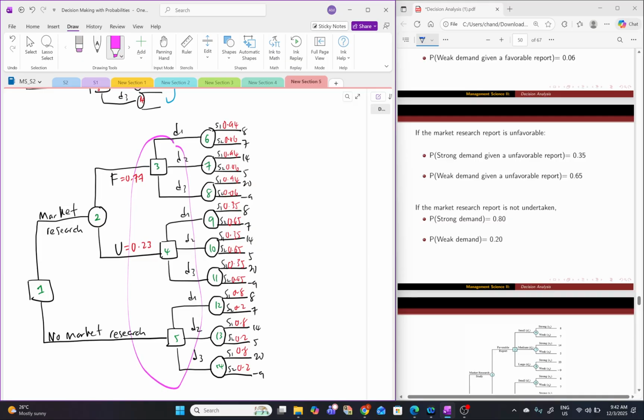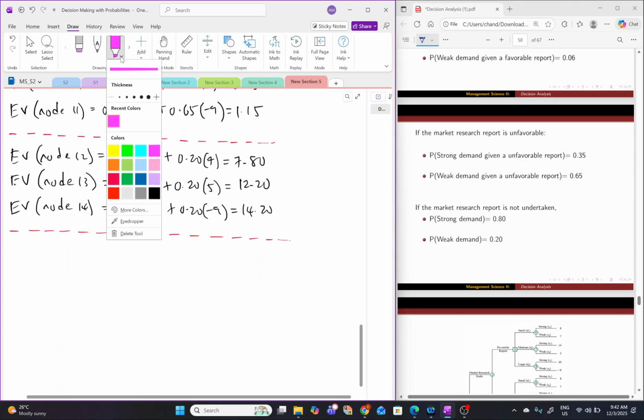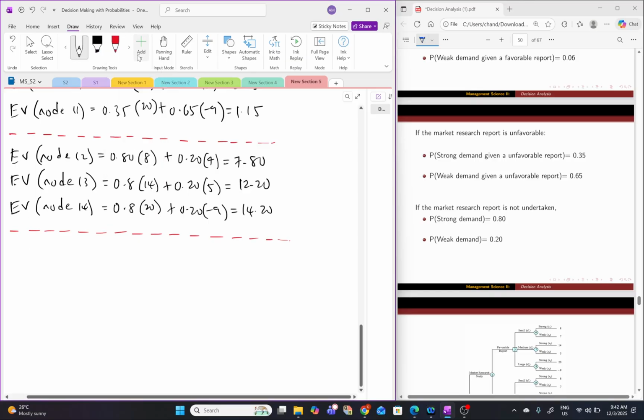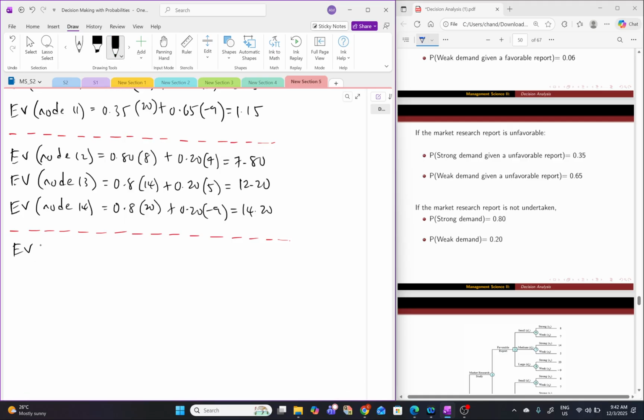Stage kedua. Daripada belakang ke depan kita. Stage kedua dia punya node apa? 3, 4, 5. Okey, so letak sini. Expected value node 3.